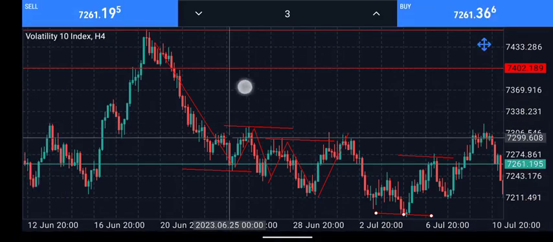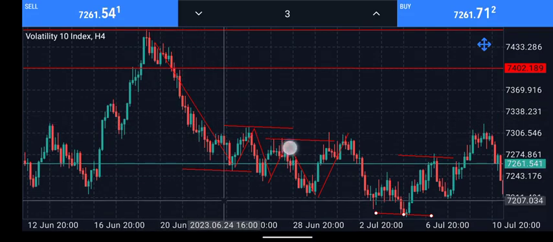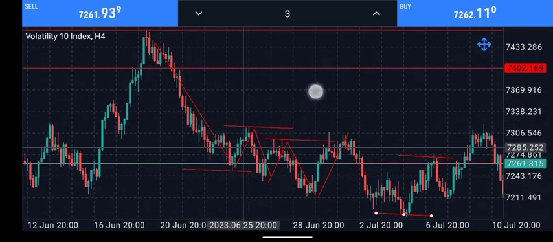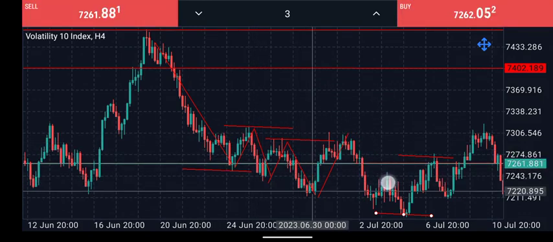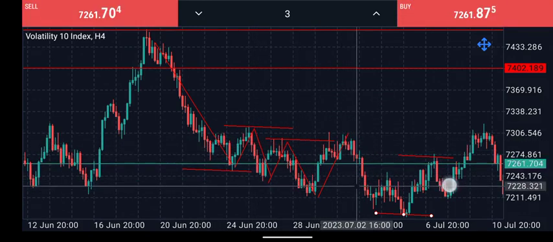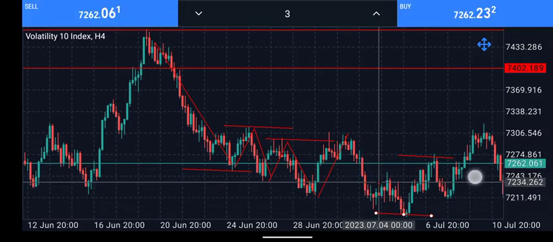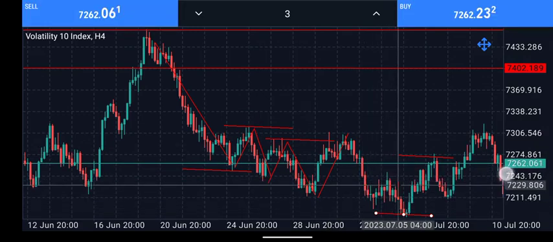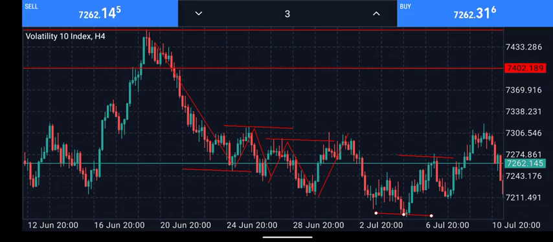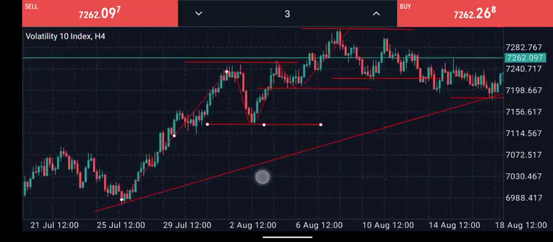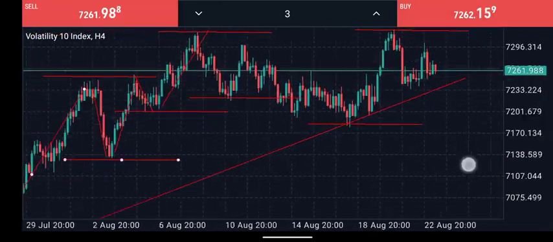The market came down and formed a lower low, it came up and gave us a lower high, again lower low, lower high, lower low, lower high. So this is what the market does. If it's having a downward movement, it keeps forming lower highs and lower lows. But if it's having an upward movement, it keeps forming higher highs and higher lows.